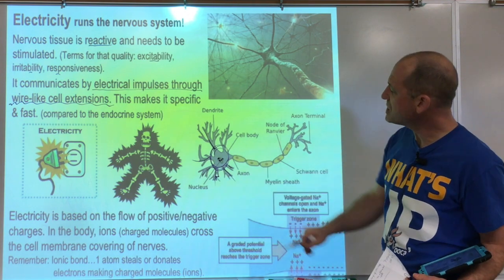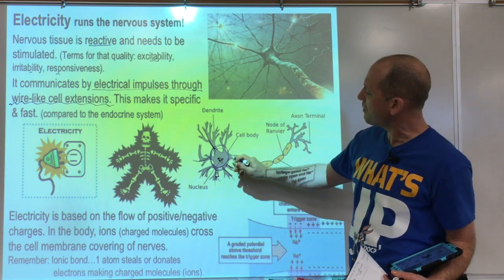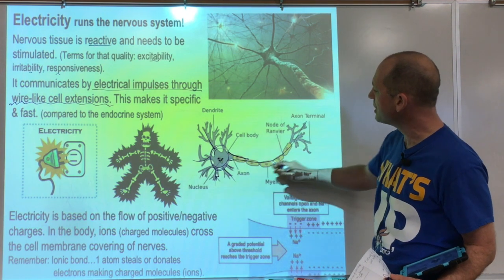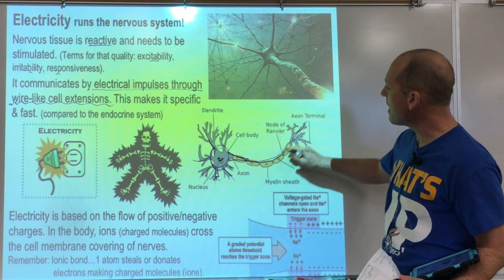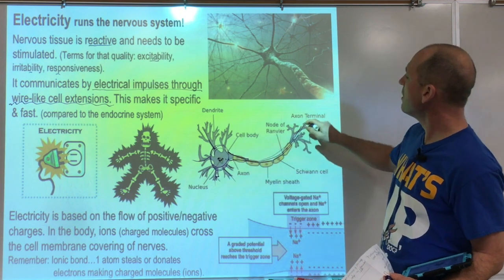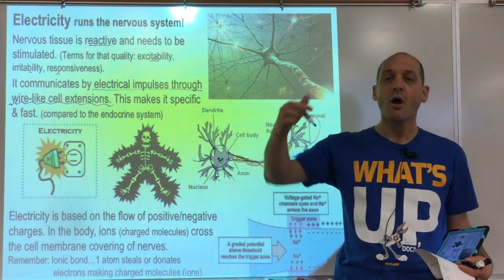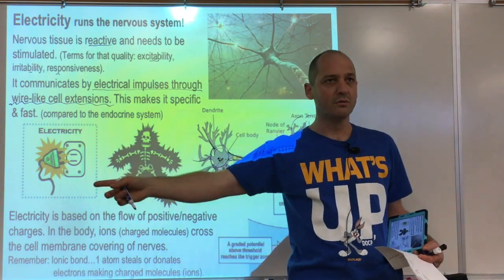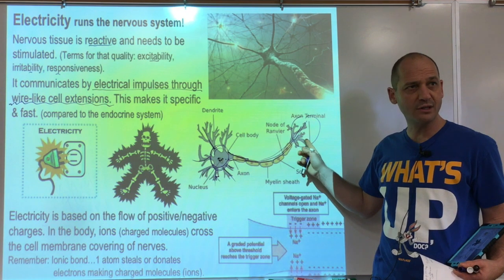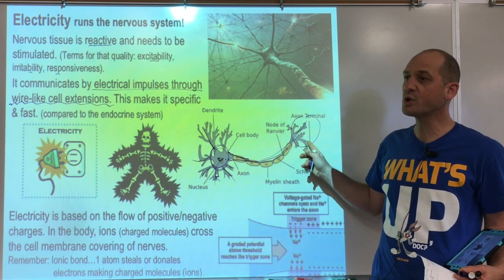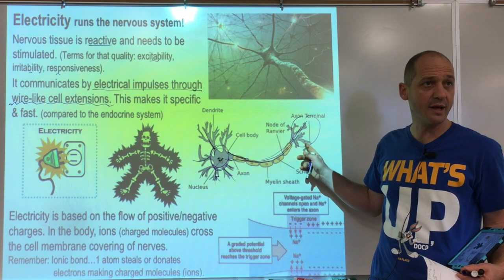And then a nerve from a cell body place has one long extension that goes all the way from that part of the body to wherever that nerve needs to go to communicate. That can be a muscle, where the muscle attaches. That's the neuromuscular junction. That also could be another nerve, or another gland.